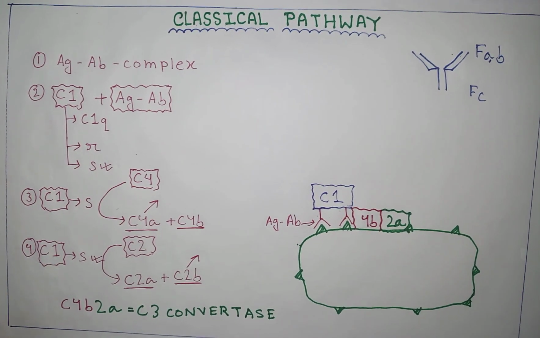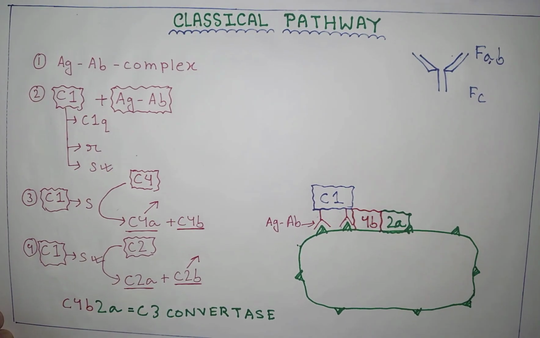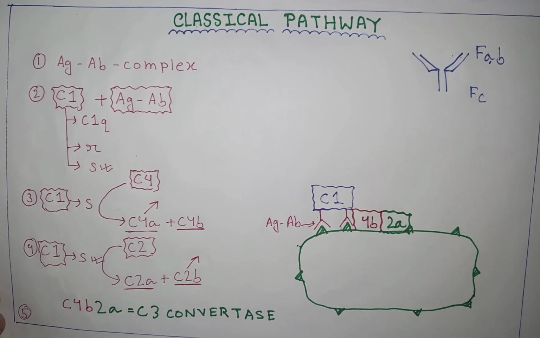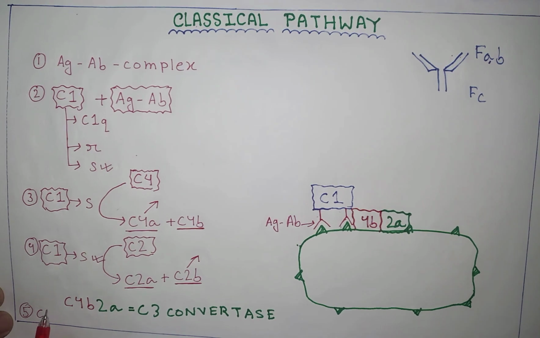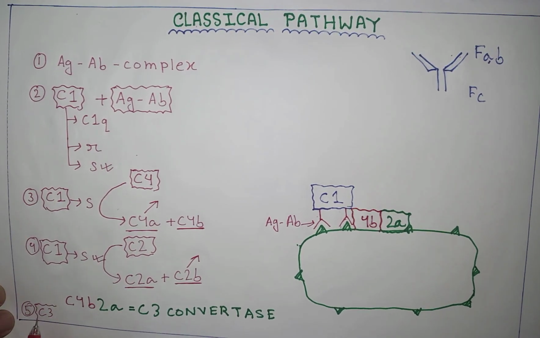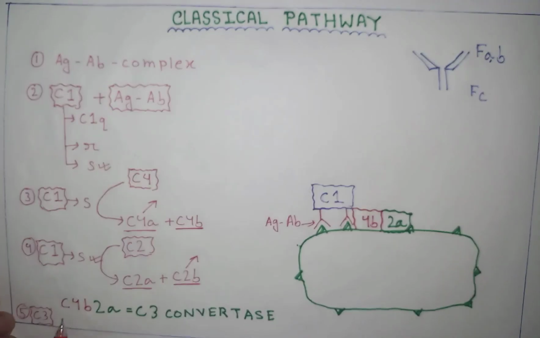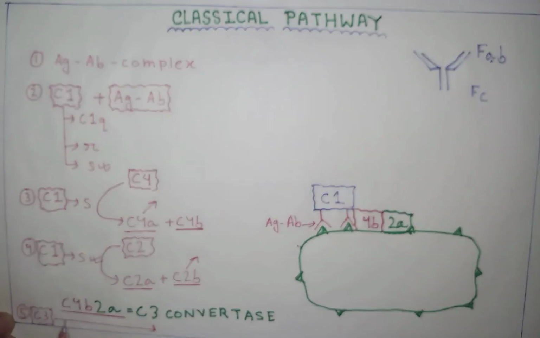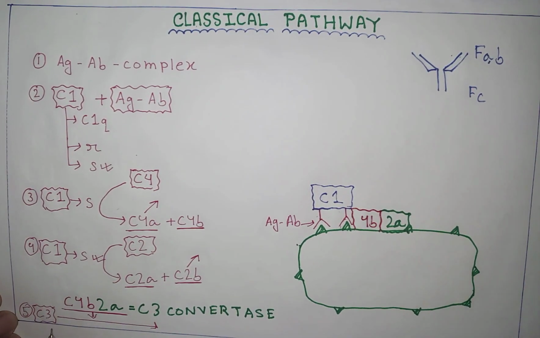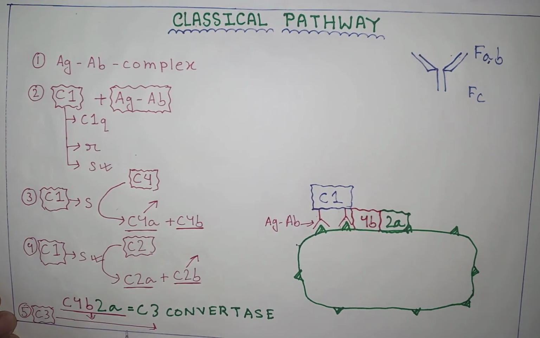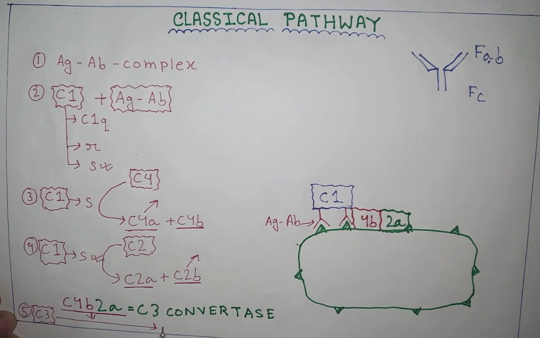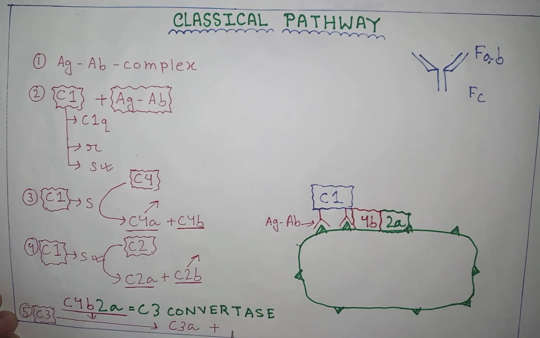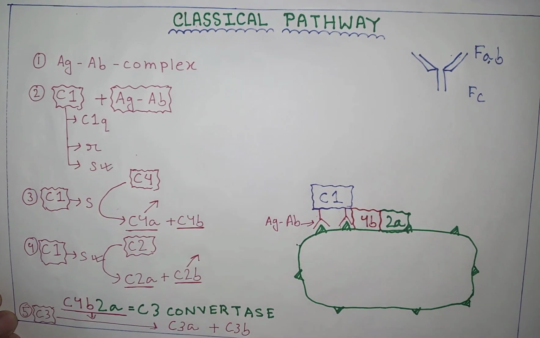That means in the fifth step, when the C3 complement protein comes, it will get cleaved by this complex C4B2A, the C3 convertase enzyme, and will produce C3A and C3B.